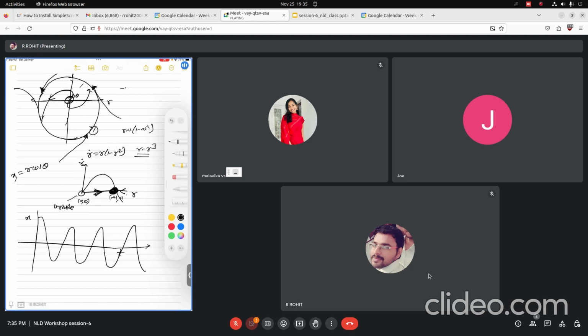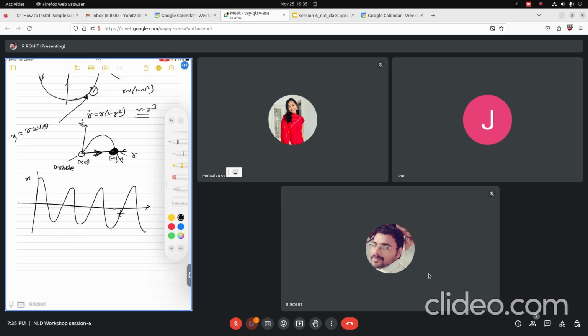Any point that starts outside or inside is trying to move towards the unit circle of 1. So that means this is a limit cycle. That's what I wanted to stress here.